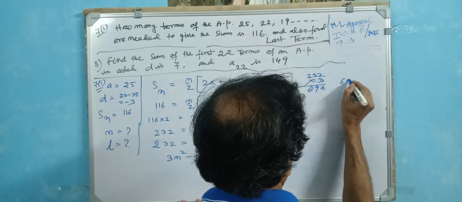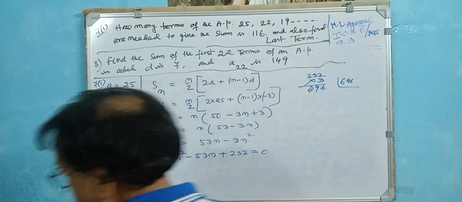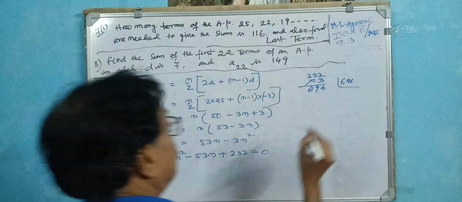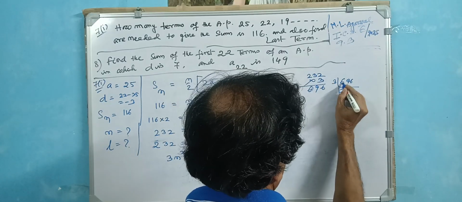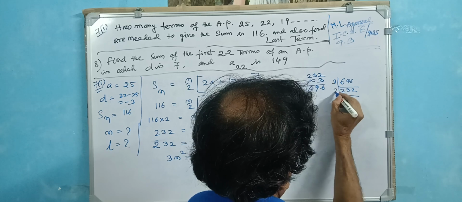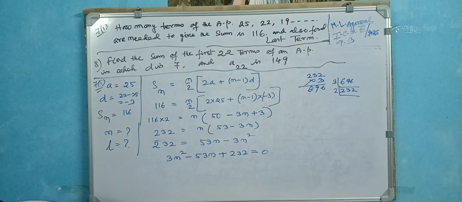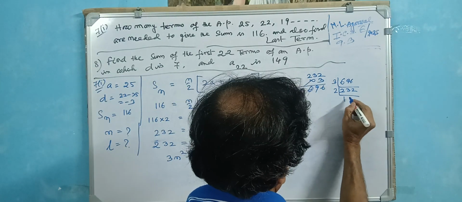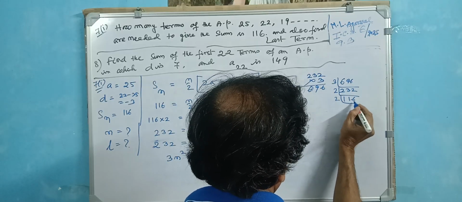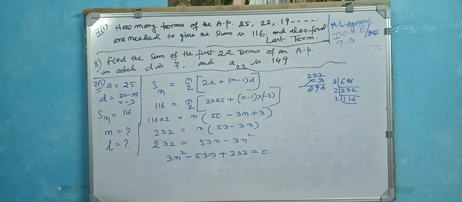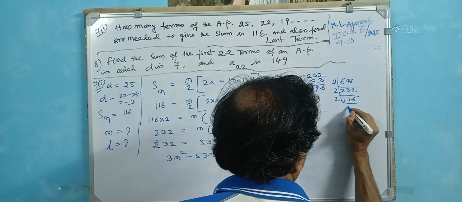So 696, you just break it in this way. Very carefully you calculate the factors.